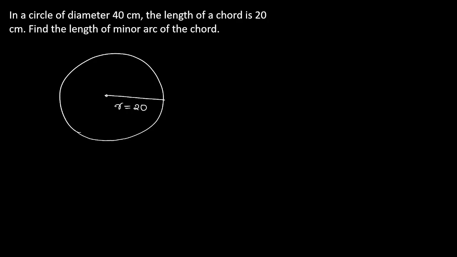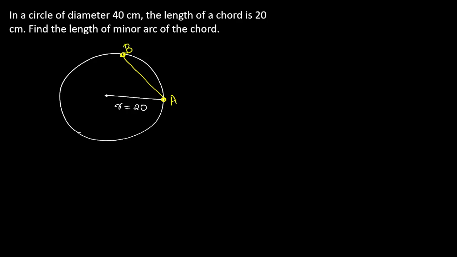Length of chord. Have you heard about chord? What do you mean by chord of a circle? Please respond. A chord of a circle is a line segment joining any 2 points. The line segment AB is said to be a chord.